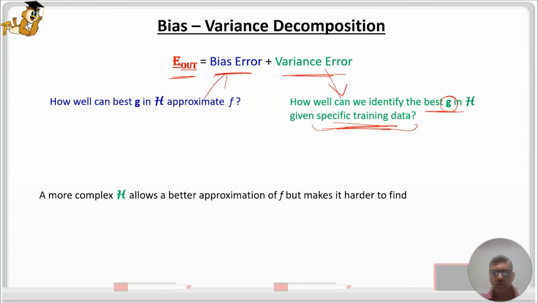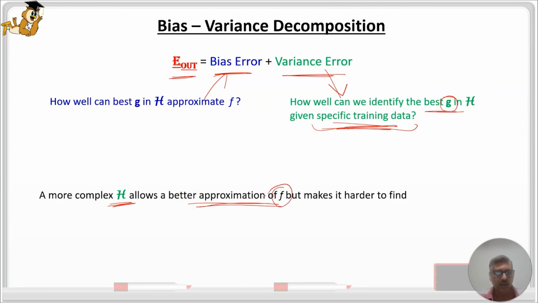Now, you can imagine that a more and more complex hypothesis set will allow for a better approximation of f, right? So as H becomes more and more complex, you could come closer and closer to f.